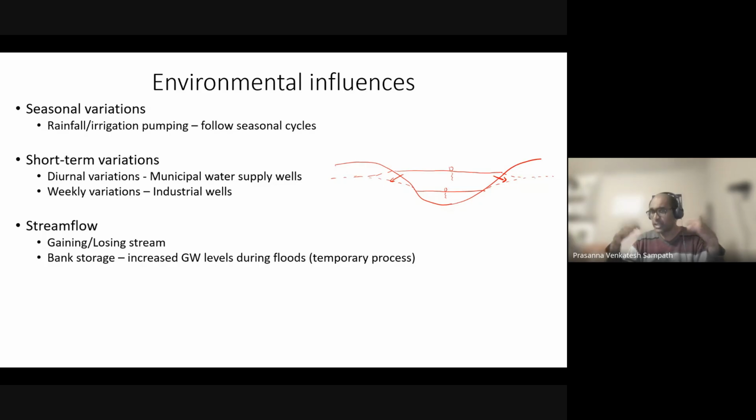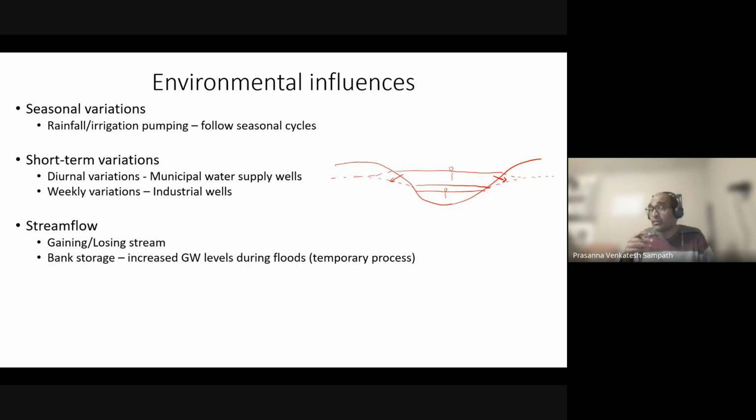Now what has happened is I have changed the direction of the gradient, and I have stored some water in the banks of the aquifer. But this flood, the water level in the river is not going to remain so high for a long time. Usually the rain stops, the flood goes down, and the water level again comes down to somewhere over here, let's say.